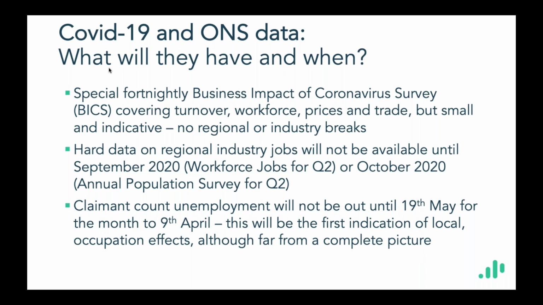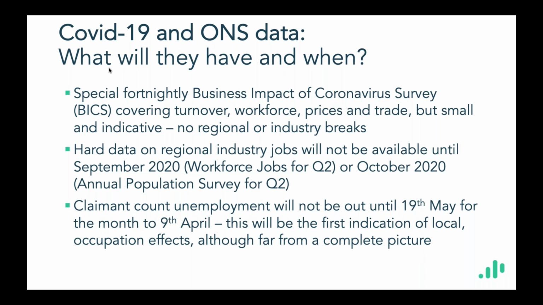One of the most important data sets will be the claimant count data, so that will be unemployment data that's coming from DWP. That won't be out until the 19th of May for the month up until the 9th of April. So the claimant count data that we'll get for this month will actually be for the period before lockdown.